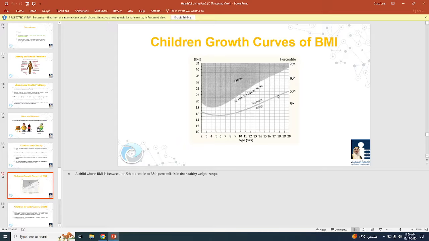If the percentile falls here around 50, between 5 and 85, he is normal weight. Above 85, he is overweight. Above 95, he is obese. Under 5, he is underweight. Okay, understood?